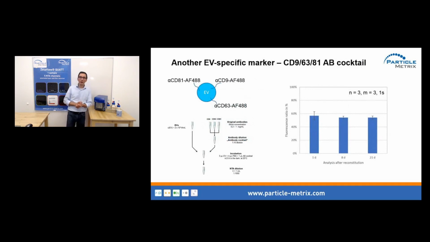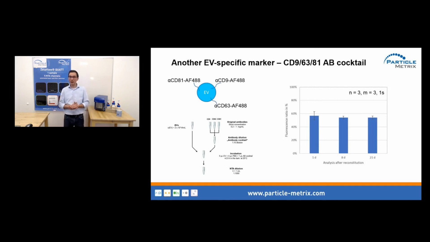As an alternative to a single antibody staining, or another EV-specific marker, I would say, we tested whether we can use an antibody cocktail, CD9, CD63, CD81, putting all that with the same fluorophore in there and do the staining.